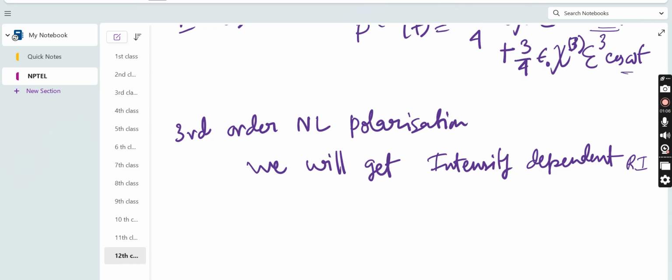And we will now see how the refractive index gets modified, which gives self-focusing basically. So because of this, the effect is we get self-focusing.